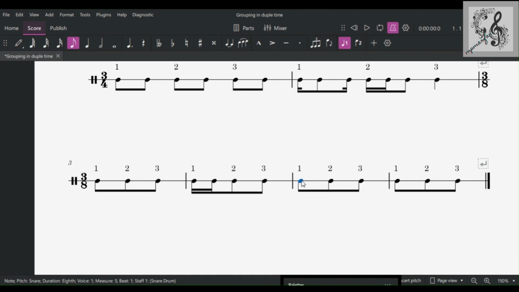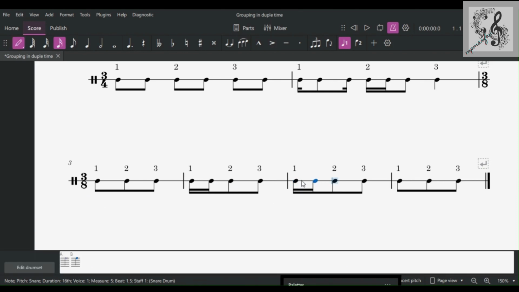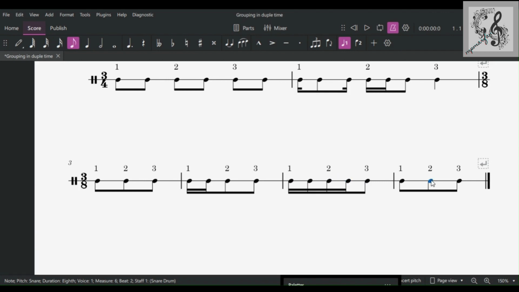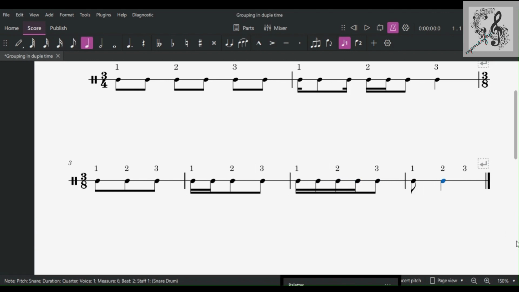I can choose to make the first 4. So these two 16ths are in count 1. These two 16ths are in count 2. This is in count 3. Or I may just choose to make the back a quarter note, and the quarter note will take up counts 2 and 3, because this is 2 eighth notes. One eighth note, two eighth notes.